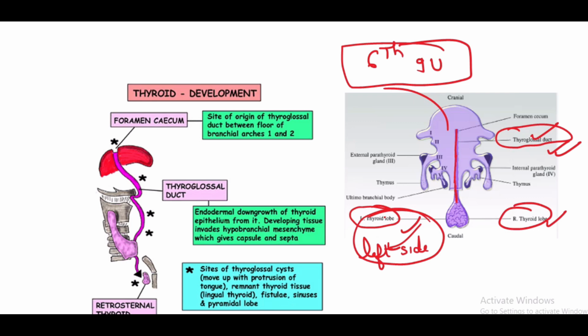Now the thyroid gland, remember, again develops from the endodermal cells that are located in the floor of the pharynx, and the process begins with the formation of a diverticulum known as the thyroid diverticulum.